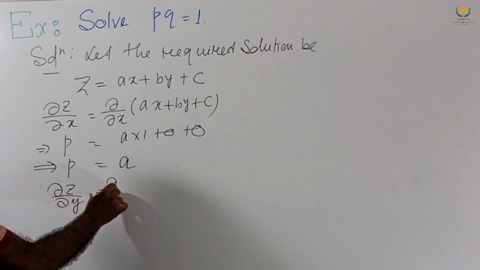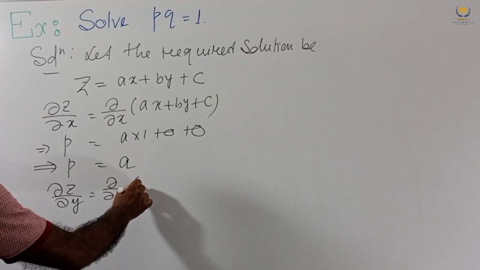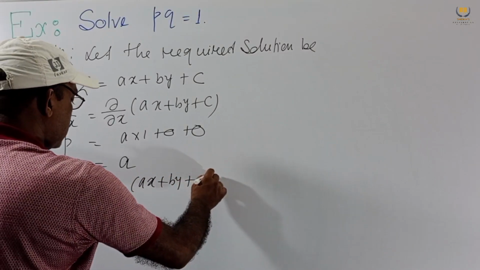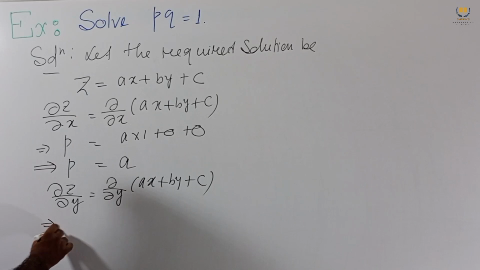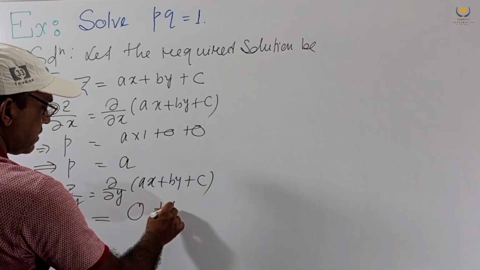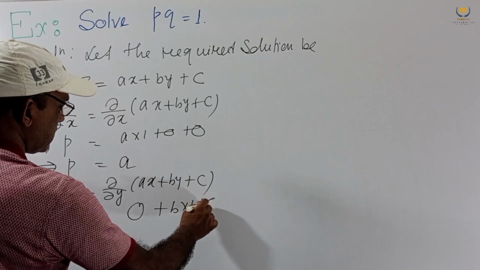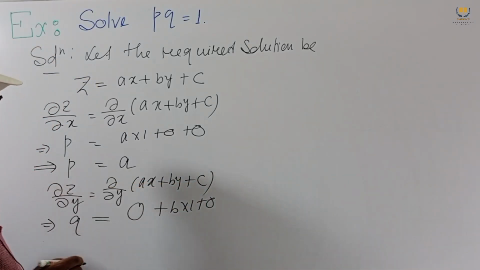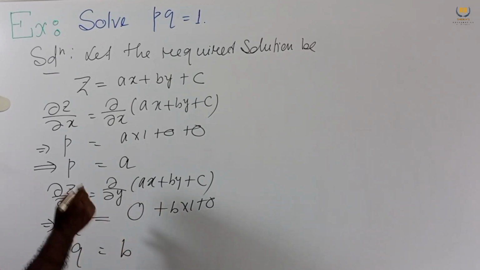Del z del y of ax plus by plus c, and this equals q. Del z del y means q. This is 0, this is b into 1 plus 0, del y of y is 1, this is 0, this one 0. So we get q equal to b.